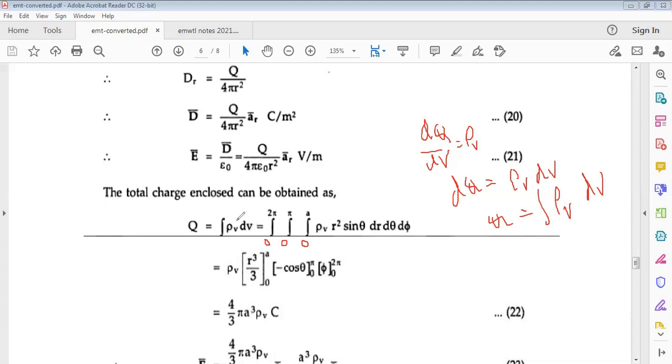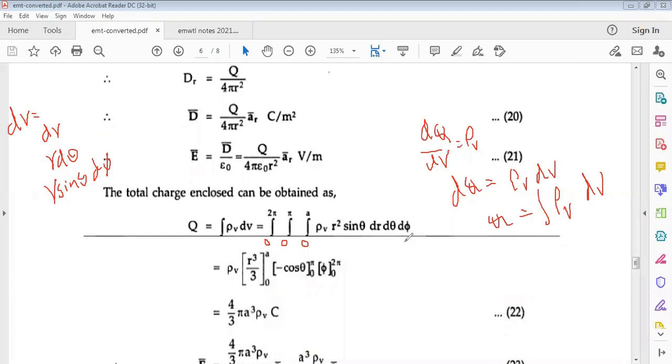The dv means a differential volume: all the components multiplied, r d theta and r sine theta d phi. These are the three differential elements in the spherical coordinate system, and combining them gives dv. So I substitute dv as r squared sine theta dr d theta d phi.